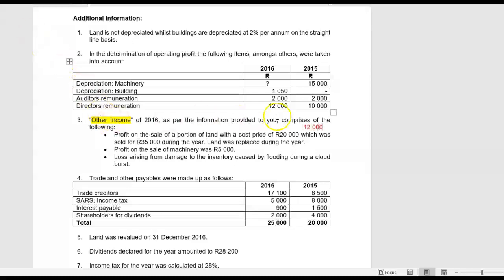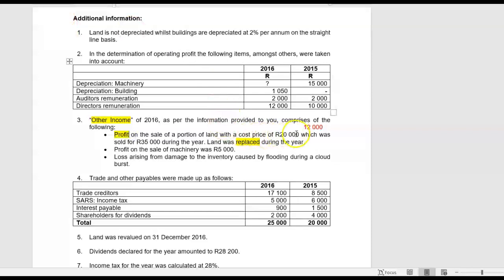They say that comprises of the following: profit on the sale of a portion of land with a cost price of 20,000. Now remember, land is not depreciated, which was sold for 35,000 rand. Land was replaced during the course of the year. So guys, what was the profit on the sale?